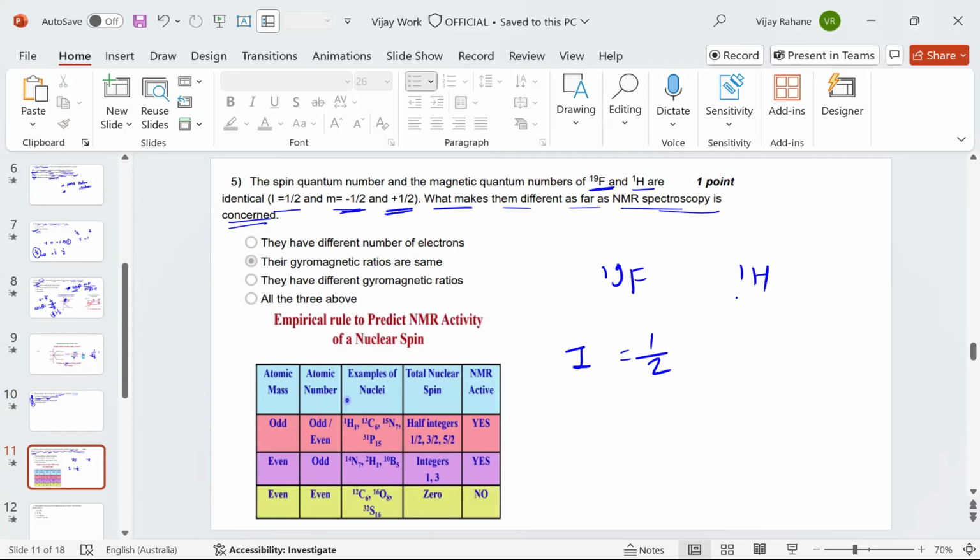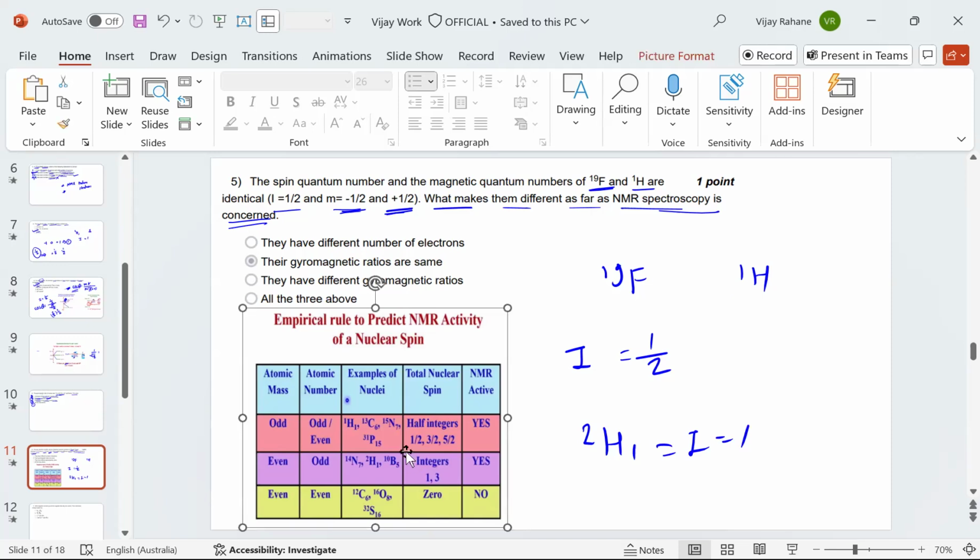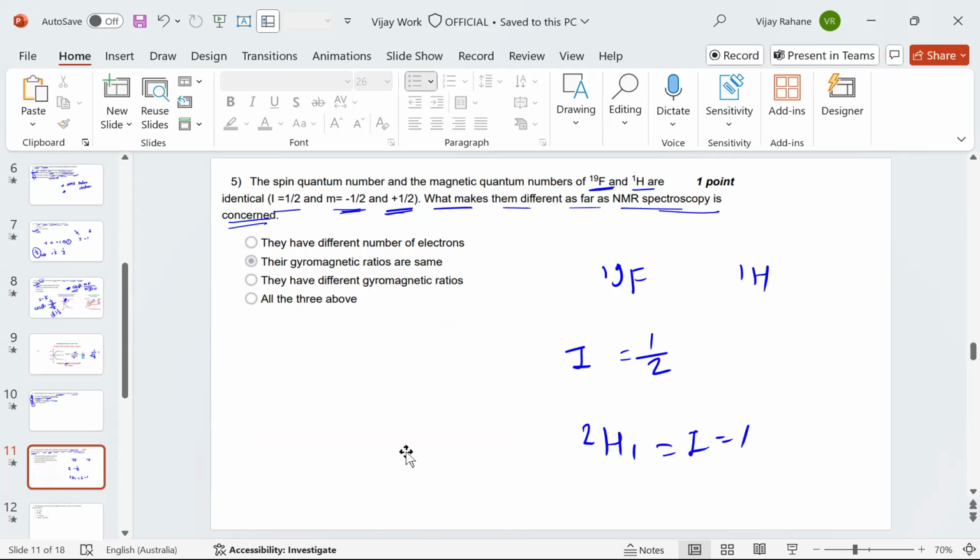In a similar manner for deuterium, that is 2H1, it is I is equal to 1. So you can refer to this table to get the spin quantum number for other nuclei as well. In this case, fluorine and proton both have the same spin quantum number as well as magnetic quantum number. So we have the 4 options.